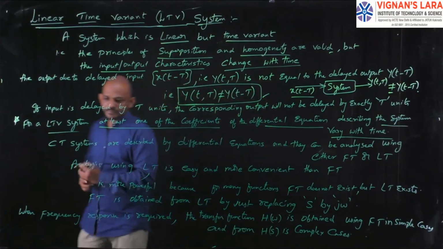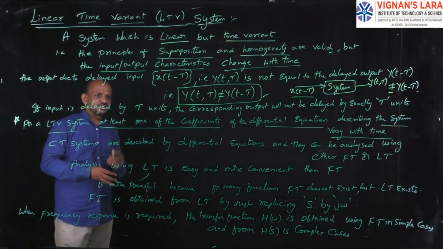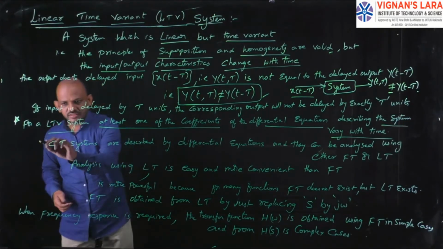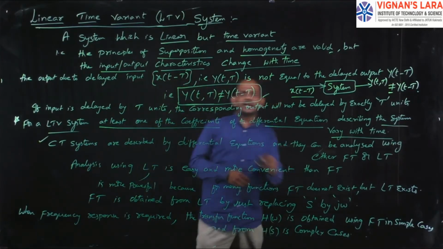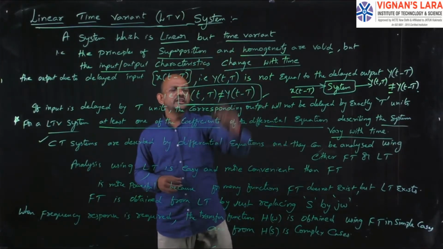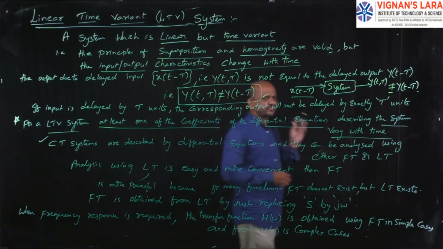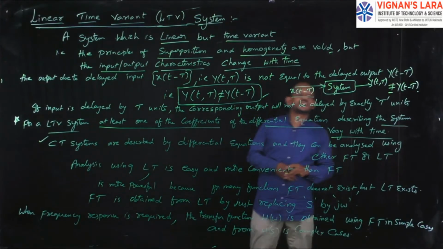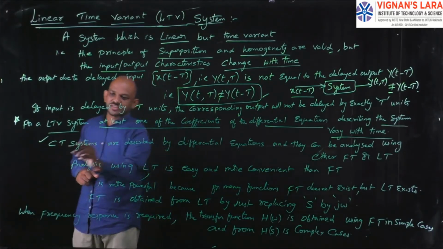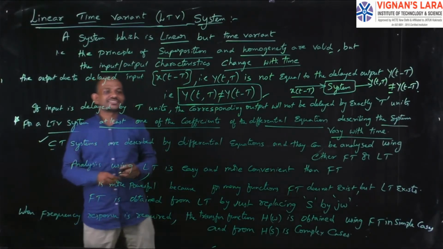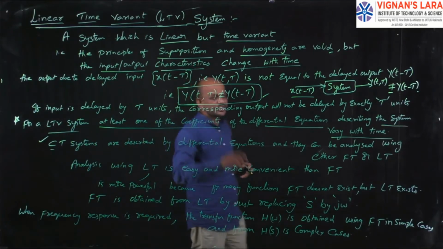Now, the important points regarding these LTI and LTV systems are, let's say, continuous time systems. Every time I use small t, so x of t and y of t mean these are continuous time systems.